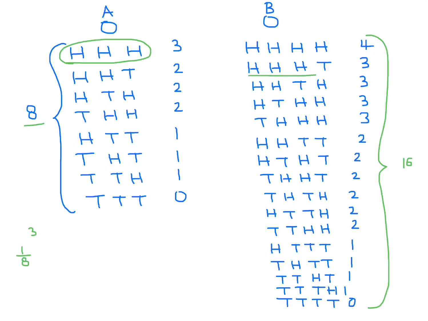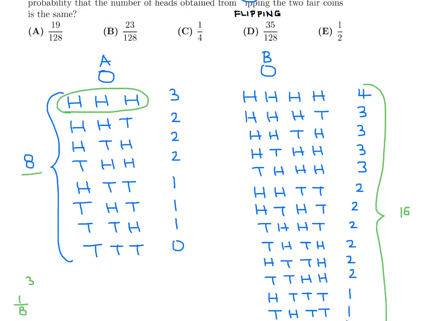Well, it looks like this guy, this guy, this guy, and this guy. So there's 4 ways. So it'll be 4 out of 16. And I have to multiply those because the probability of getting this and the probability of getting these guys, it has to be multiplied because it's an AND question.